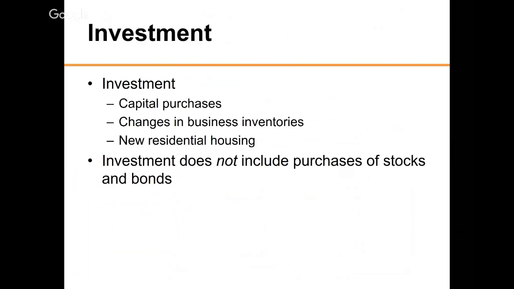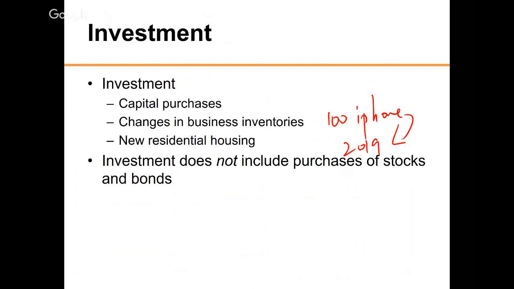Investment has three components here. Investment is your capital purchases. That means companies actually buying equipment, buying tools, buying cars and trucks, and buying buildings. And then next is changes in business inventory. So let's suppose a company decides to produce 100 iPhones this year, but we don't sell them this year. We're going to sell them next year in 2019.